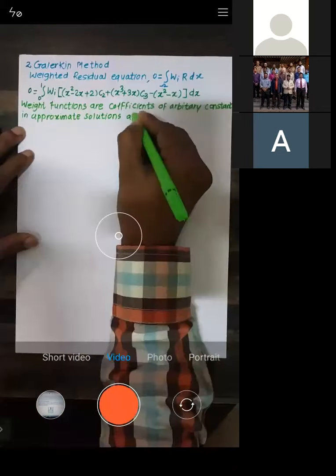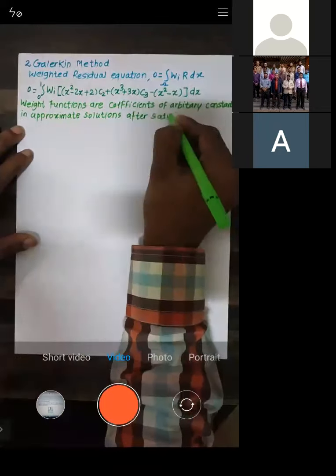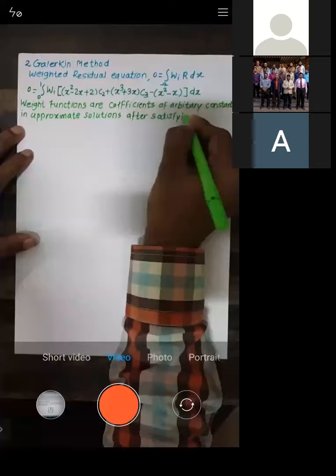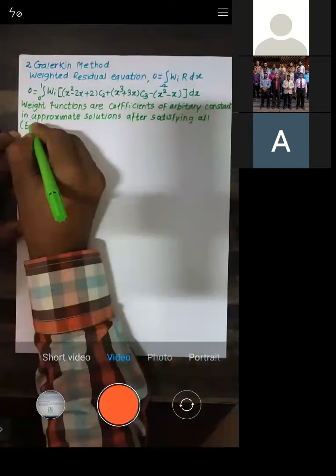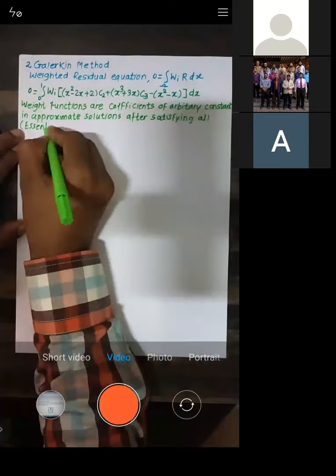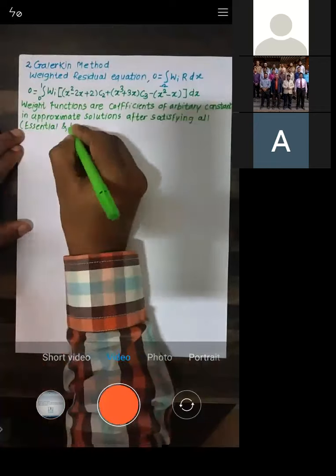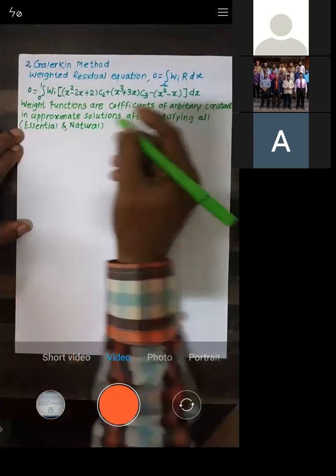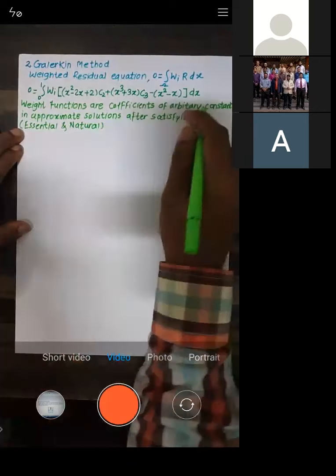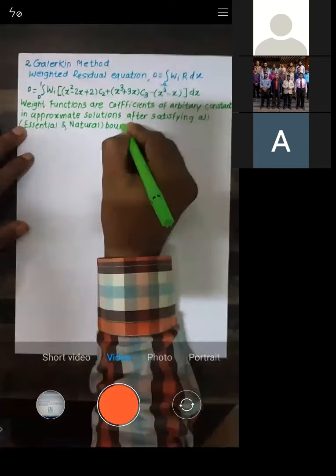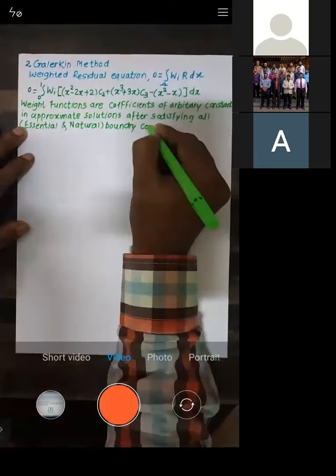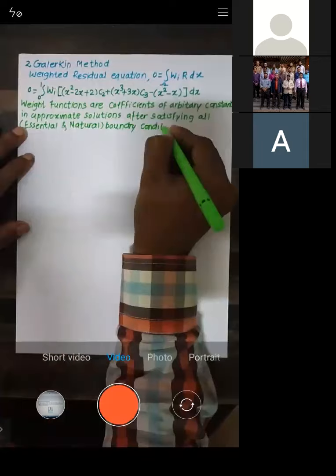all, what is the meaning of all? That is essential as well as natural boundary conditions. So from where do we take the weight functions?